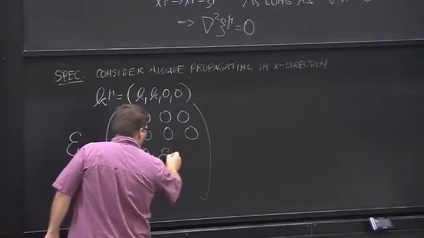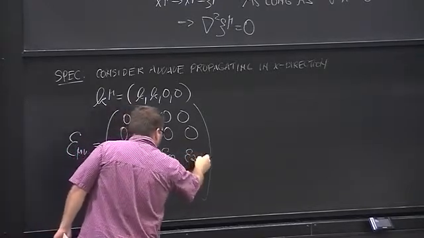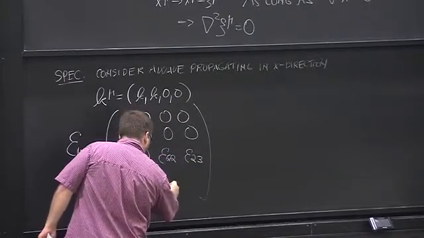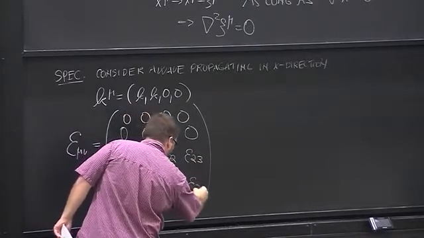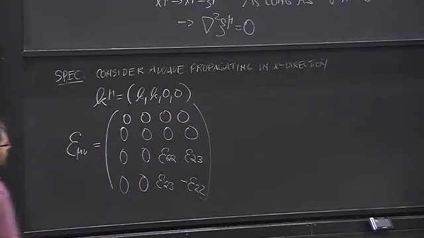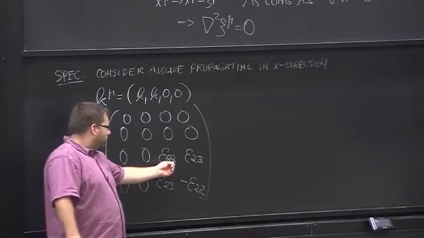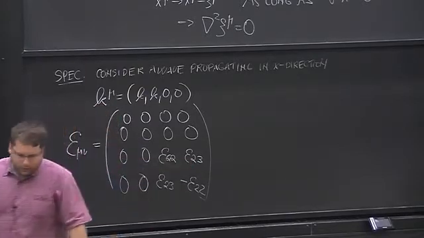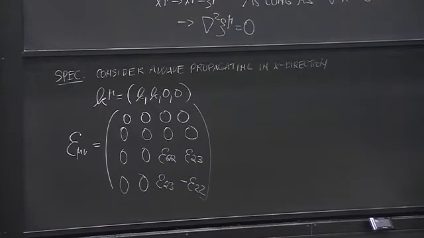And you can do this thing. And these are your two polarizations of the wave. So you have only 2 components which are independent, which are epsilon 2,2 and epsilon 2,3.